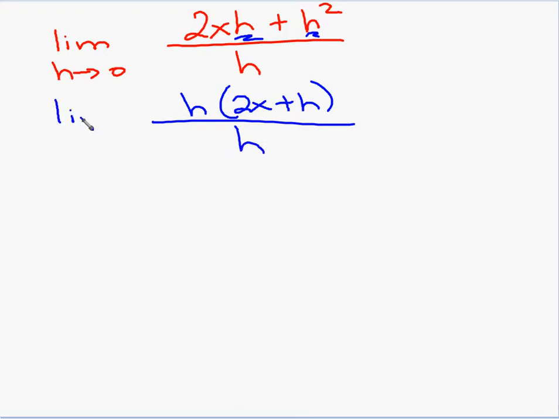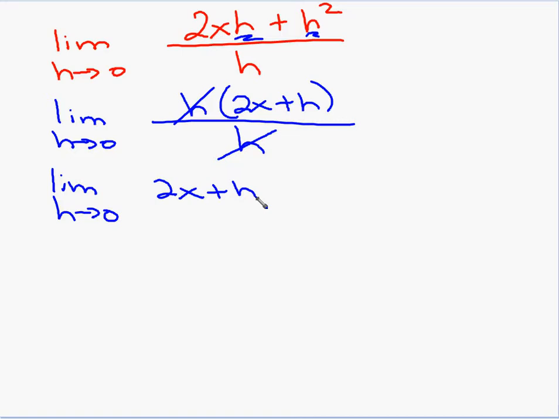This is still the limit as h approaches 0. Slasher. And I now have the limit as h approaches 0 of 2x plus h. Now can't I do a simple substitution to evaluate my limit? If I plug in 0, this is going to be 2x plus 0, which is 2x.